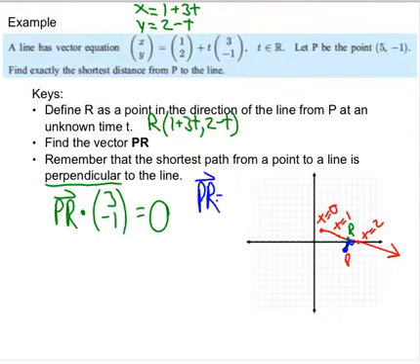Okay? For vector PR, we take the coordinates of the point you're going to, which would be the parametric equations, 1 plus 3t and 2 minus t, and then we subtract what? Start where we started from. The coordinates of the point we started from. So point P was 5, negative 1.